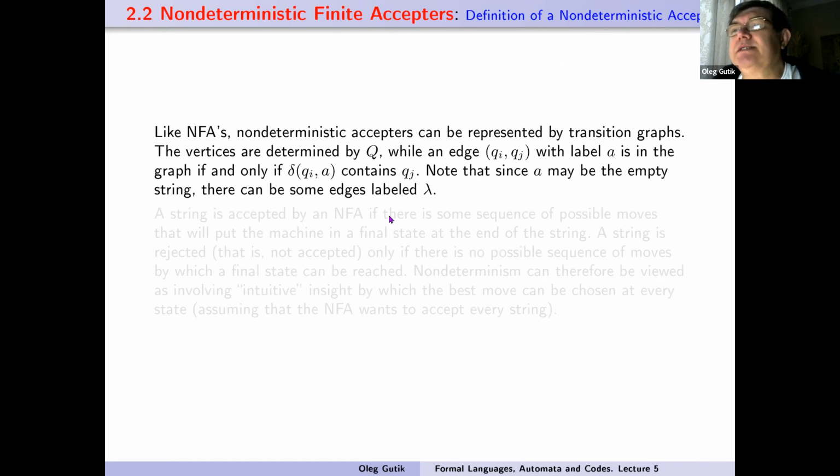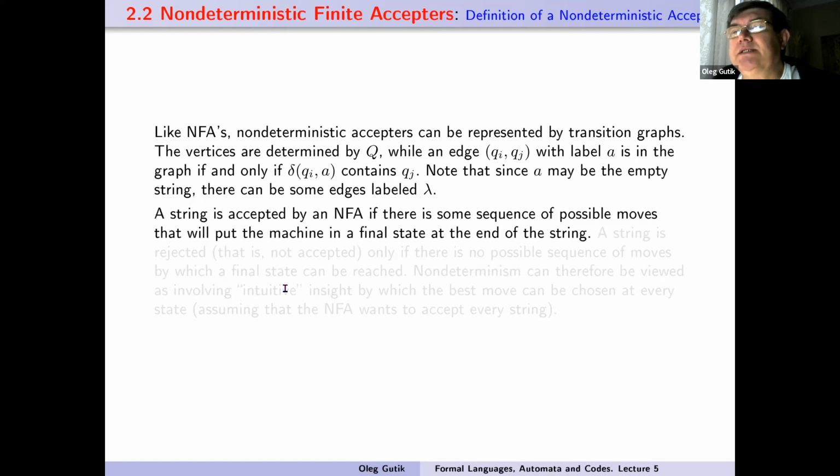Note that since the letter a may be the empty string, there can be some edges labeled by the empty string lambda.